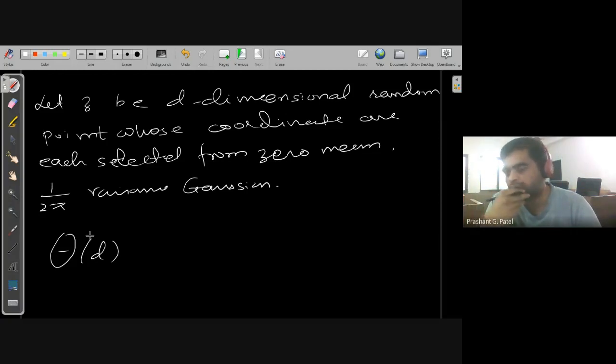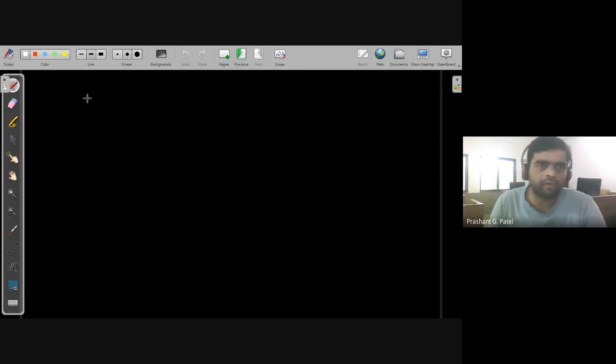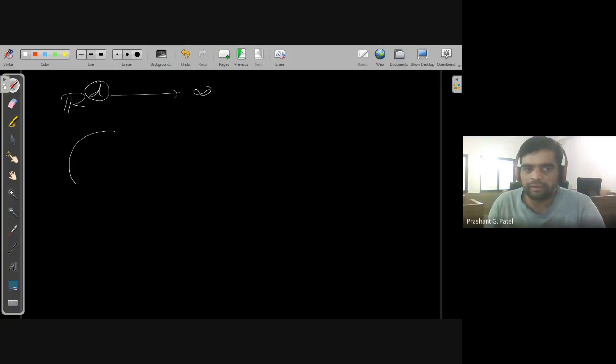Using the law of large numbers, consider the volume of a sphere: you can picture a three-dimensional sphere, and if you have R^d, with d becoming large, as d tends to infinity, then according to the law of large numbers the volume of this d-dimensional sphere tends to 0.